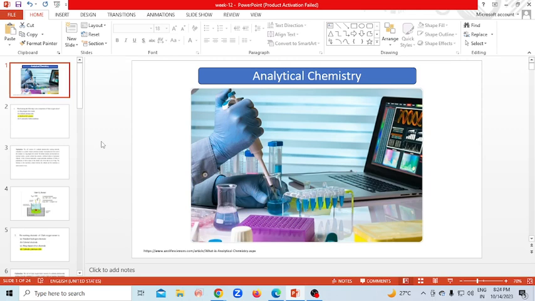In analytical chemistry, from the start, we used flame to detect some metals like sodium and potassium.